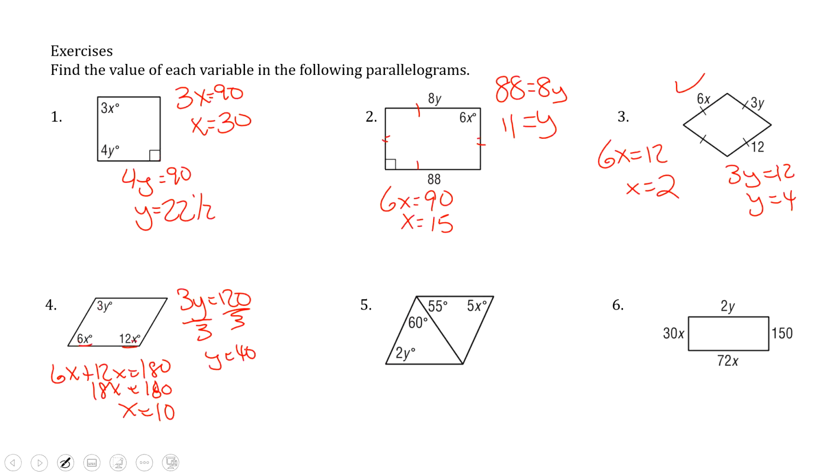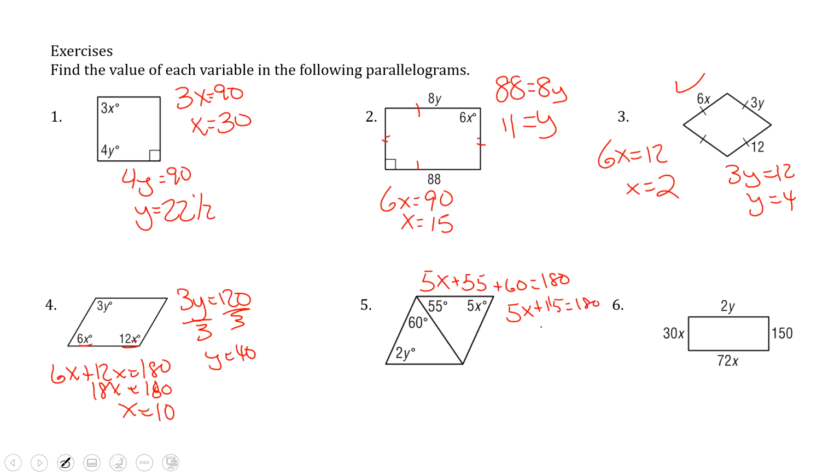Oh, here's another little tricky one. Kind of looking at this one. What are we going to do? How are they going to tell me? Again, we're going back to the consecutive angles are supplementary. So I have 5x plus 55 plus 60 has to equal 180 degrees. So 5x plus 115 equals 180.